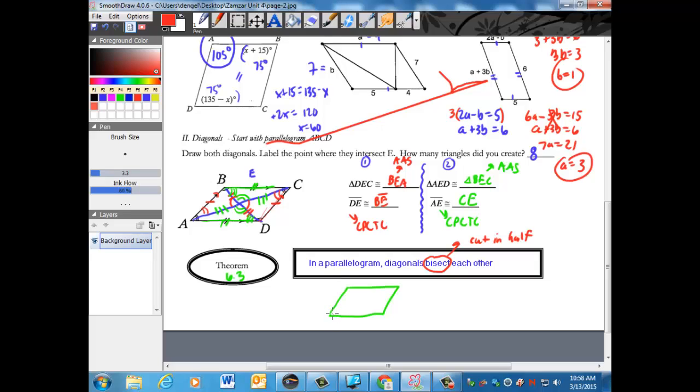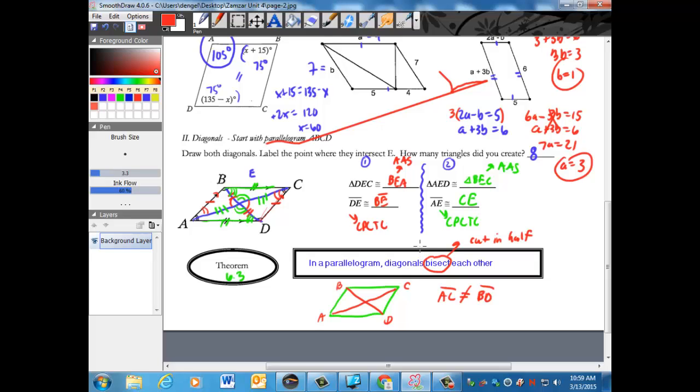But when I draw this diagonal, let's say that this was A, B, C, and D. And then here is segment AC, which is one diagonal. And our second diagonal is going to be segment BD. Well, one thing that this is not saying is these two segments are equal.